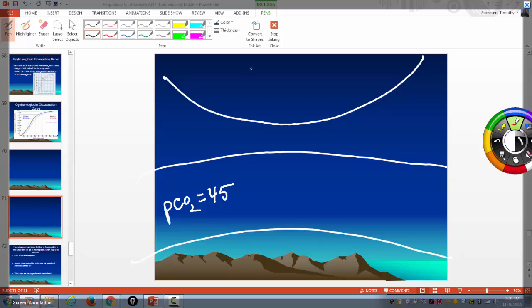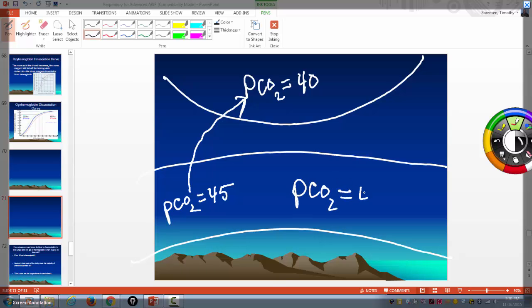So you can breathe it out. So the PCO2 of the alveoli has to be lower, and the PCO2 of the alveoli is 40. So CO2 is going to leave until the PCO2 of that blood now becomes 40. So this is one way that you transport carbon dioxide: dissolved in the plasma of the blood.